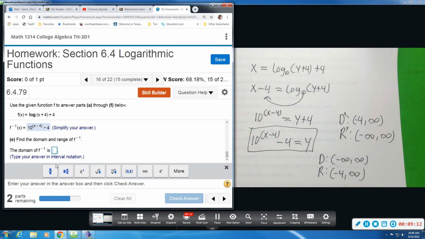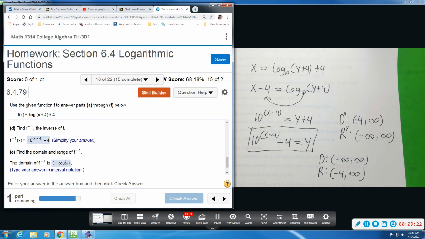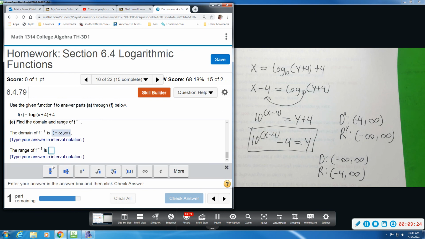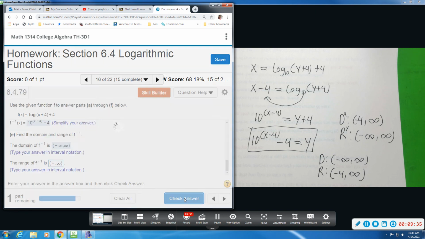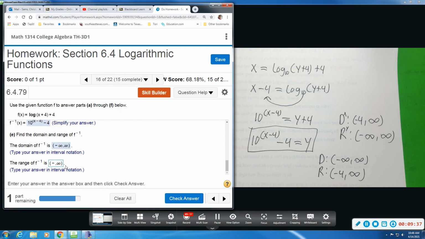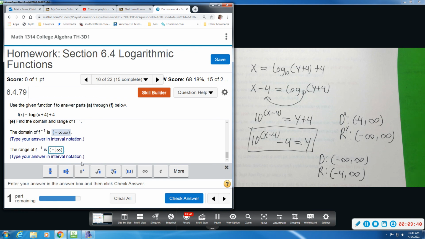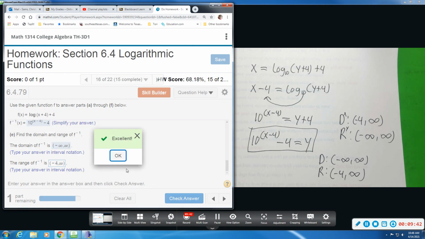The domain is now negative infinity to positive infinity, and the range is negative 4 to infinity. Okay, I forgot my negative 4 here. Sorry, negative 4 to infinity.